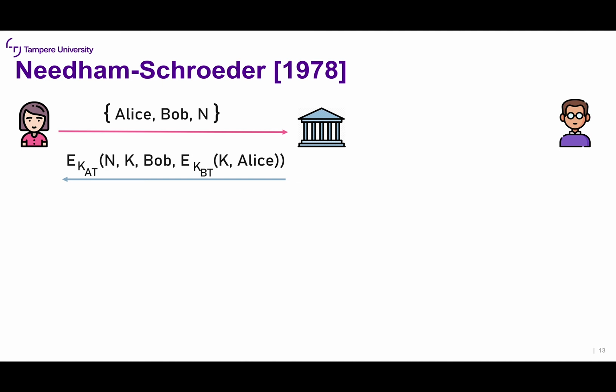So what would you do if you were Alice? I mean, obviously there's only one message that contains lots of stuff. So the first thing that you need to do is to decrypt this, right? And by decrypting this, the first thing you do is you check if that message contains the same nonce that you sent in the previous message to Trent. Now, if the nonce is the same, then you check K, and you get access to the session key that was generated by Trent for you and Bob.